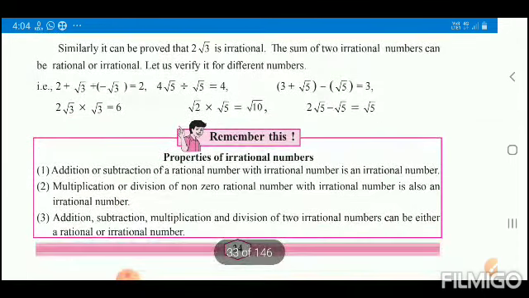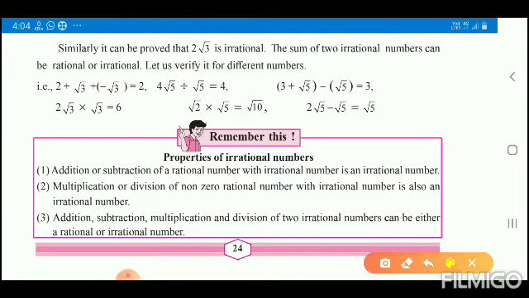Now we will see. Here they gave the example 2 plus root 3 plus, in brackets, minus root 3. Here plus root 3 and minus root 3 will cancel with each other, and what will remain? 2.